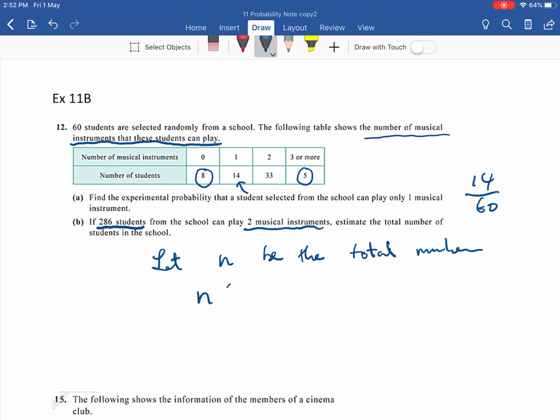You know that n times the probability of 2, which is, you look at this column, 33 over 60, the probability, it should equal 286, okay? With the help of the calculator, 286 times 60 over 33, you find out that n is 520, okay?